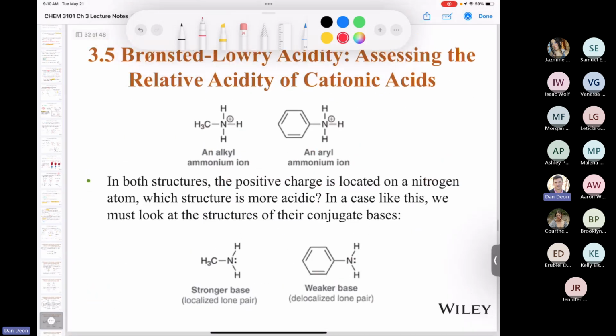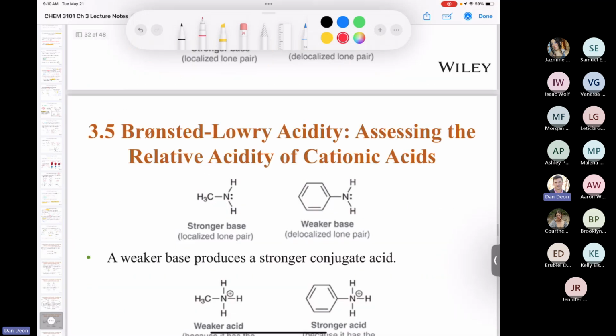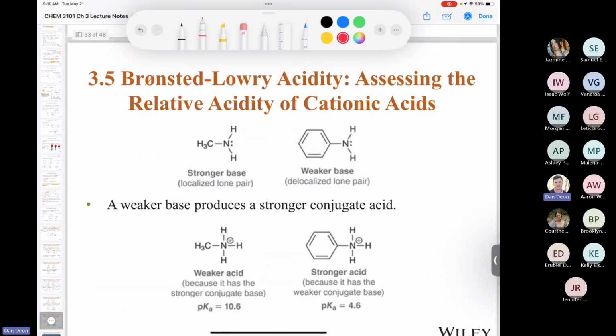And that's our conclusion. So again, just a rehash: we look at the conjugate bases, and then we say a weaker base is going to produce a stronger conjugate acid. So again, we'll just write here, weaker, since the lone pair is delocalized.